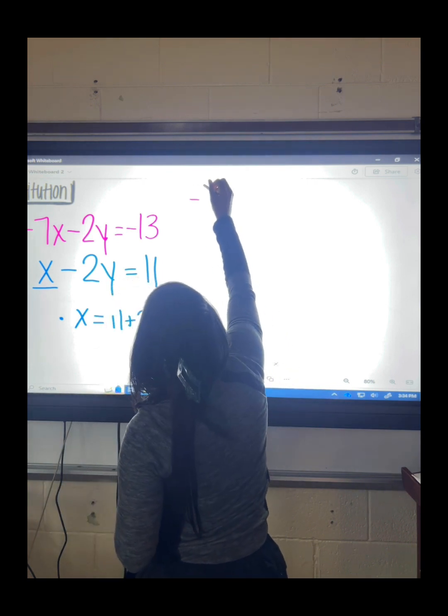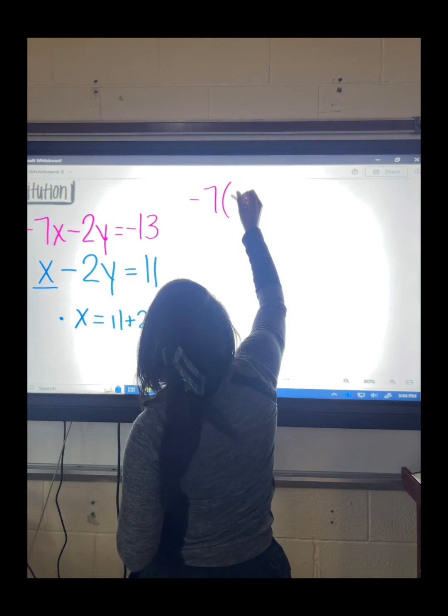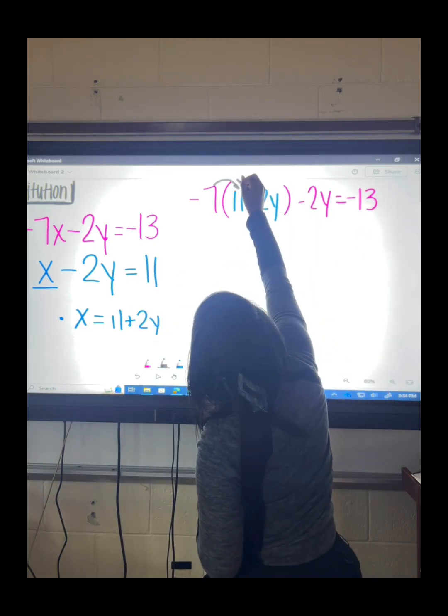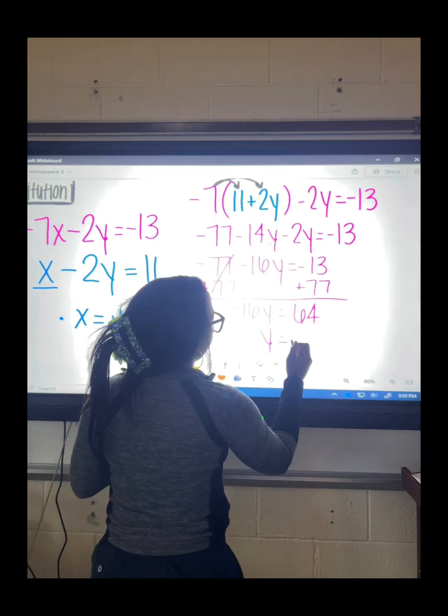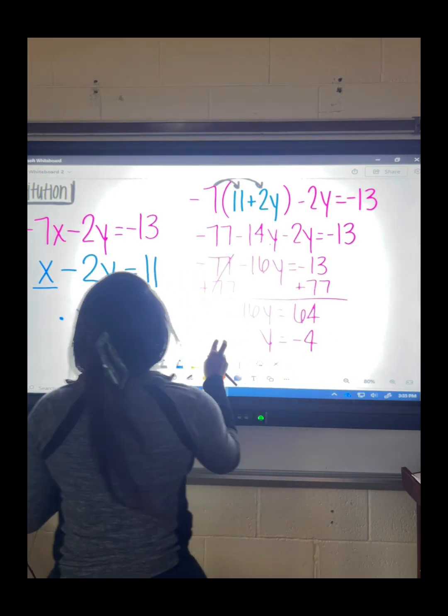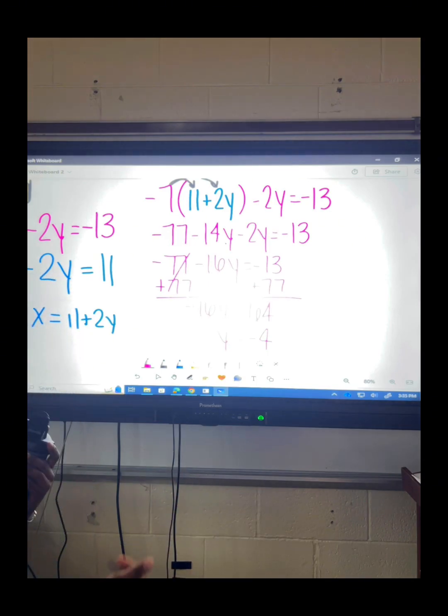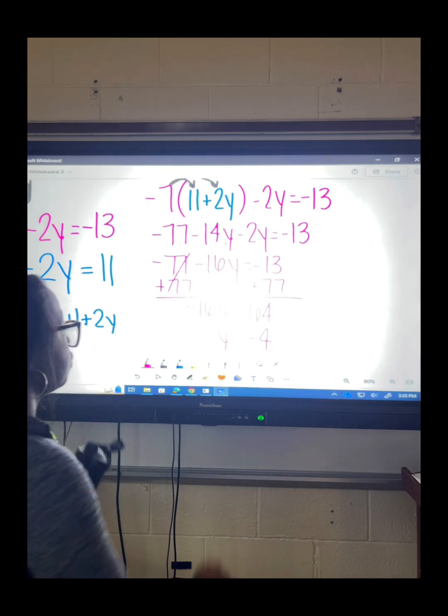So I take my other equation. Alright, so I got y equals -4. I am not done because I don't have x. But I do know that x equals 11 plus 2 times y.